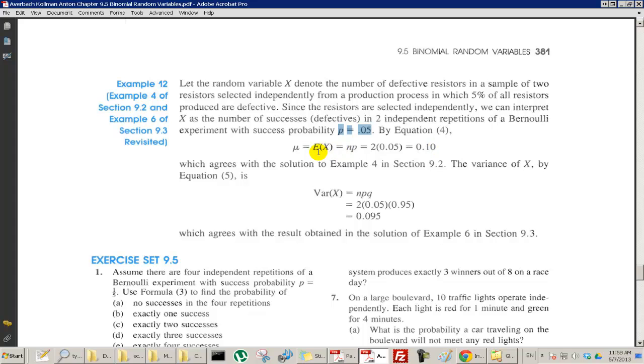The expected number of defective is 0.1, which they say agrees with the solution in example 4 in section 9.2, where we actually calculated it the long way using the formula for this. And then the variance is by equation 5 npq, which also agrees.